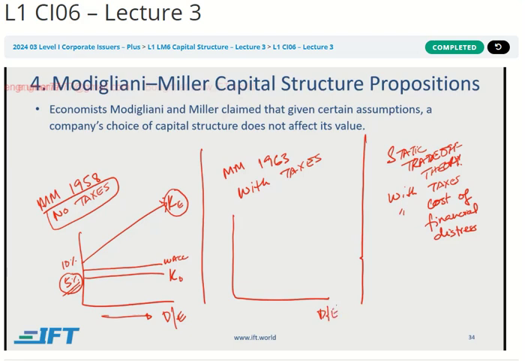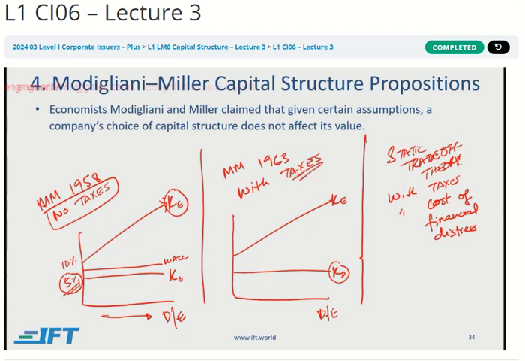The cost of debt doesn't change, right? The cost of equity goes up, but as you increase your debt, you not only add a cheap or low cost component into your weight, there is also a tax benefit.